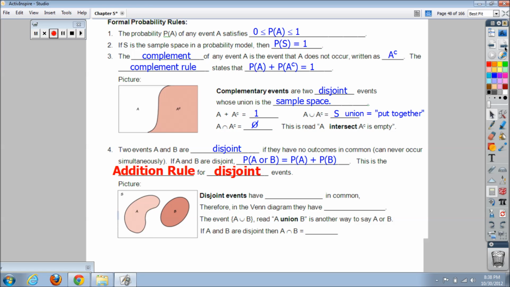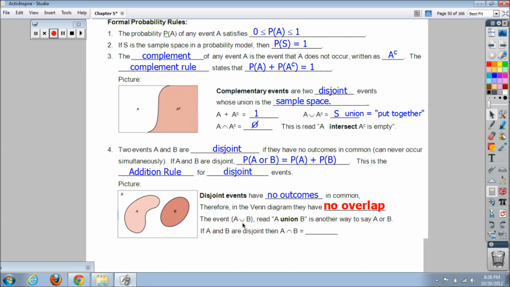So again, disjoint events have no outcomes in common. How does A interact with B? Is there any kind of overlap in here? There's not. So anytime you see a Venn diagram and there is no overlap between 2 events, then they are disjoint events because they have no outcomes in common.